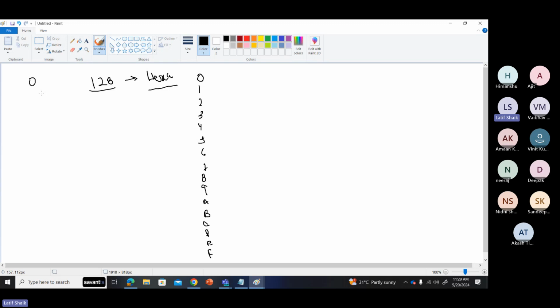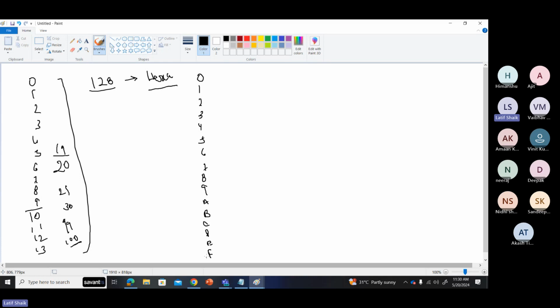Normal decimal numbers are 0 to 9, and then it goes 10, 11, 12, up to 19, then 20 until 29, again 30, and so on up to 99, 100. Here it is also the same: after F, again it is 1, 0. So F is the last one.